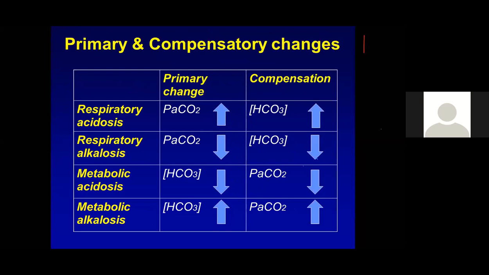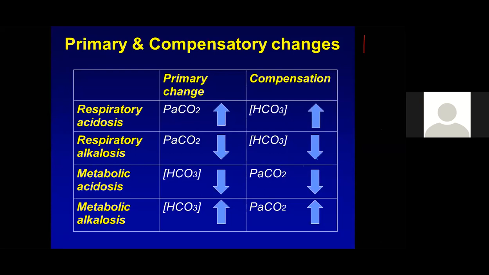Two are respiratory, two are metabolic. In the respiratory system, it can be either acidosis or alkalosis. In the metabolic system, it can be either metabolic acidosis or metabolic alkalosis. The important thing in the respiratory system is carbon dioxide. In the same way in metabolic, it is bicarbonate.